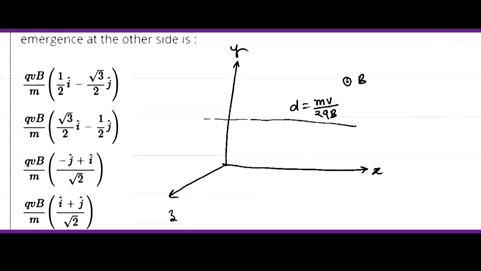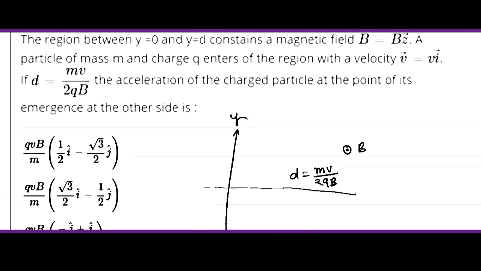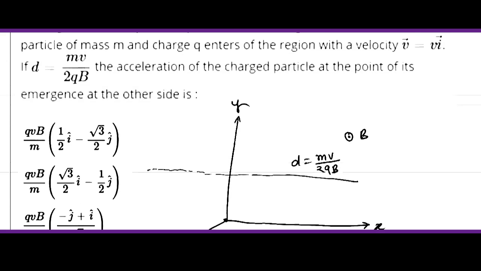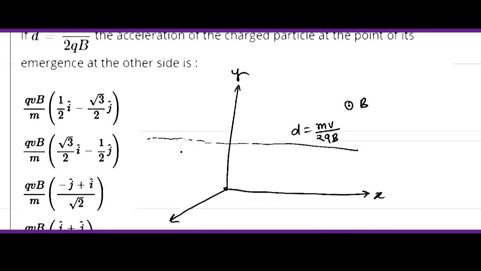So if a particle of mass m and charge q enters the region with velocity v, and if the acceleration of the particle at the point of its emergence is to be calculated, right? So it will enter. Now the velocity of the particle is given here, v i cap.